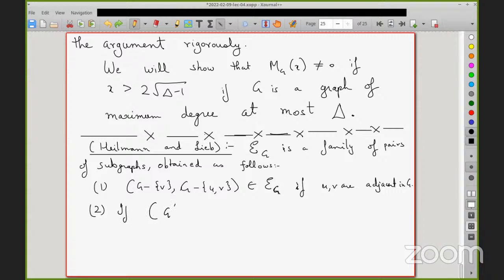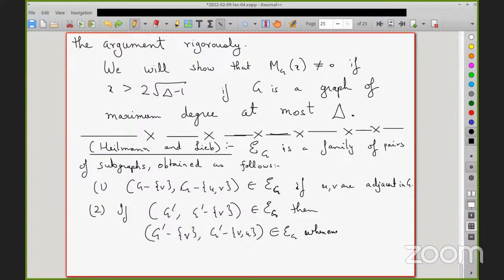If G prime and G prime minus V are in EG, then G prime minus V, G prime minus VU is in EG whenever U and V are adjacent in G prime.